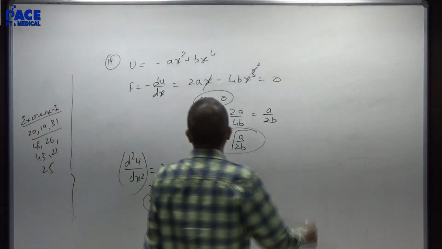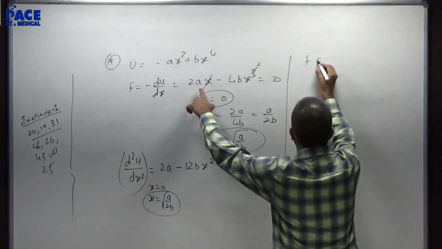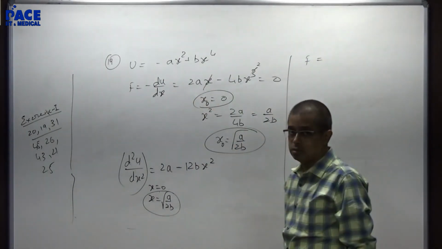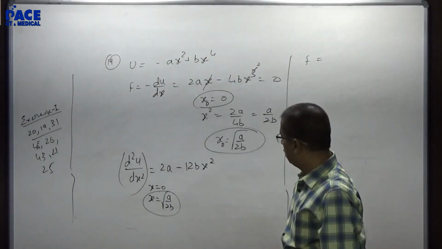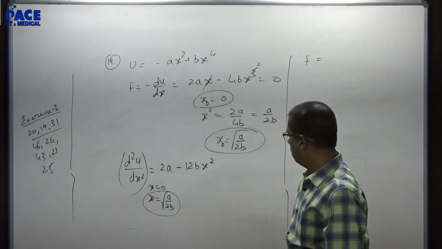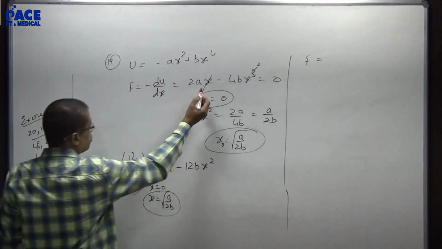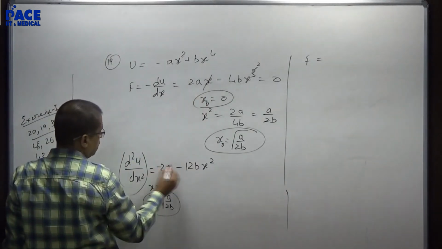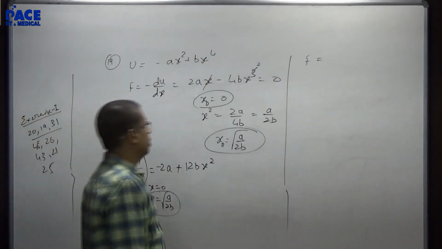Right? So now when you take this force, net total force, what are you taking? Sir, you have written minus d2u by dx square. So du by dx means this will have a negative sign, this will have a positive, right? Okay.